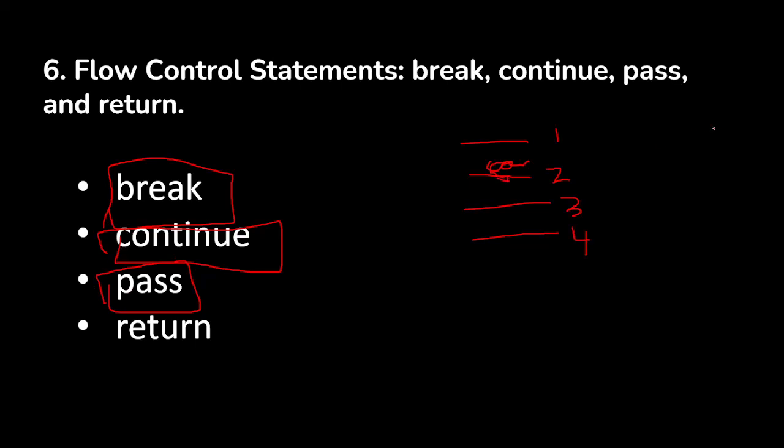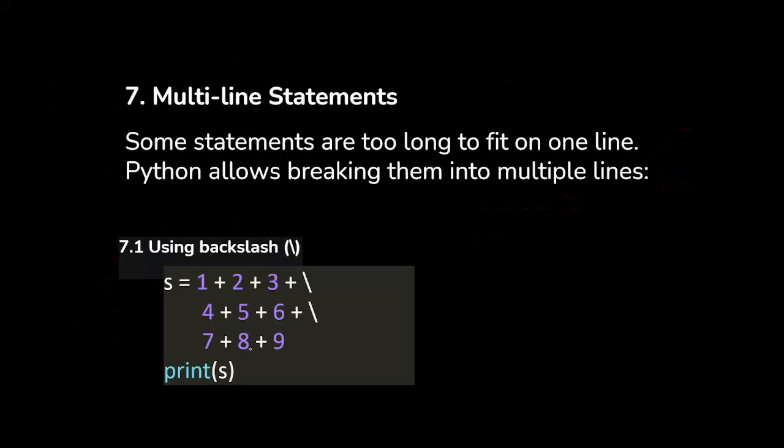But if you use pass, it will simply pass that if statement and execute the next one, like it will continue, right? So that's the main difference between continue and pass. Continue takes you to the next loop. Pass takes you to the next statement, right? So return we would use in functions to return something.